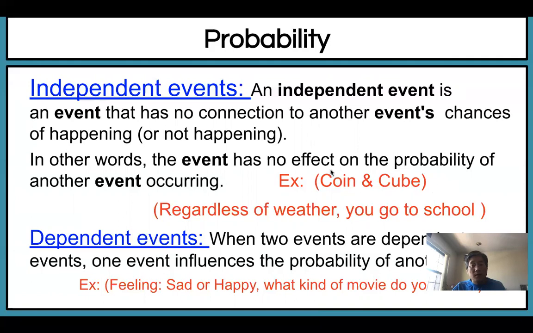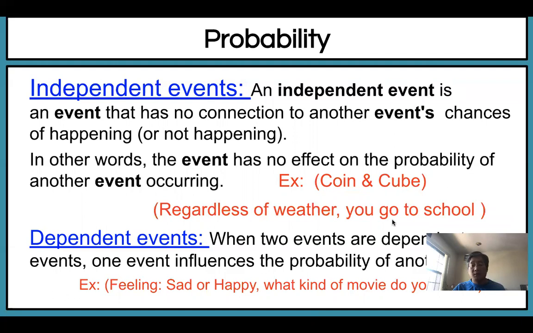This coin never has any impact on the cube, or the cube on the coin. Or, regardless of whether you keep going to school, if the weather doesn't affect your going to school, then it's independent. But some people can be dependent, right? Some people, when the weather is really bad, don't go to school. Only when the weather is good, they go to school.